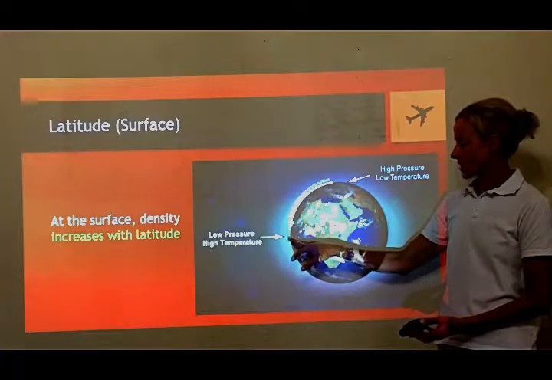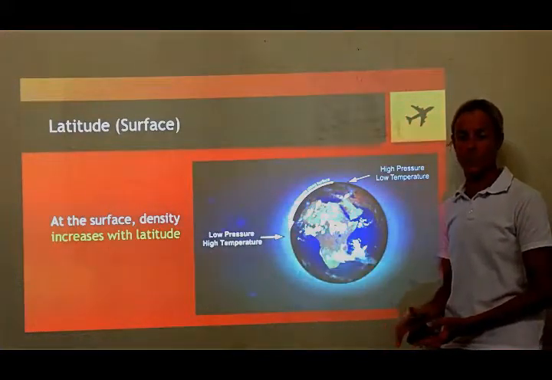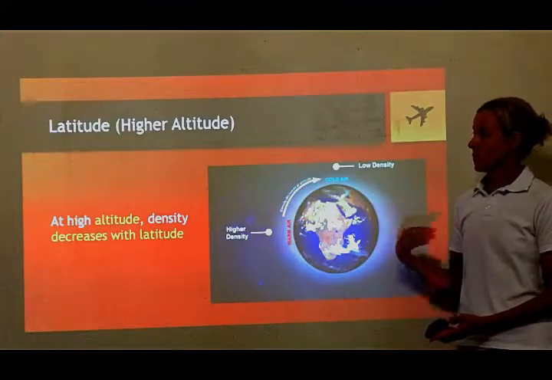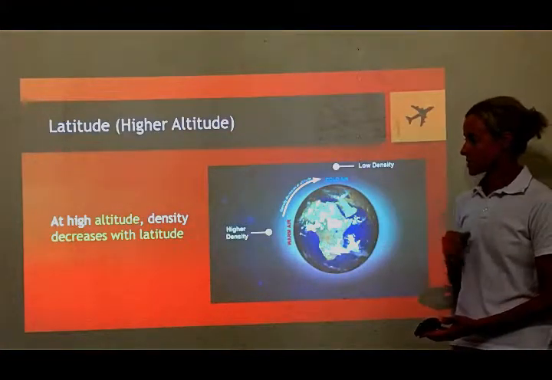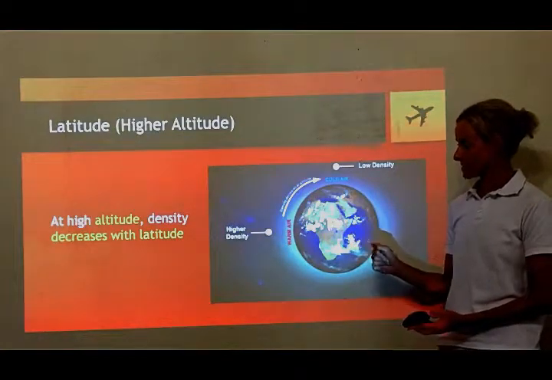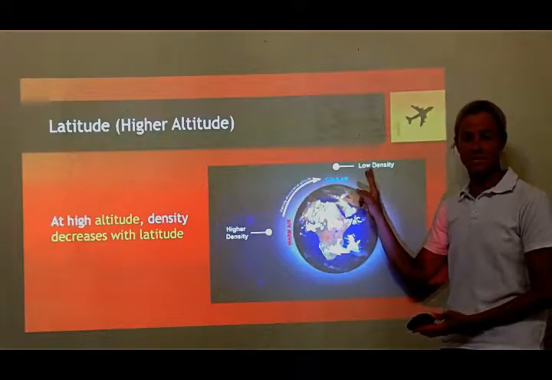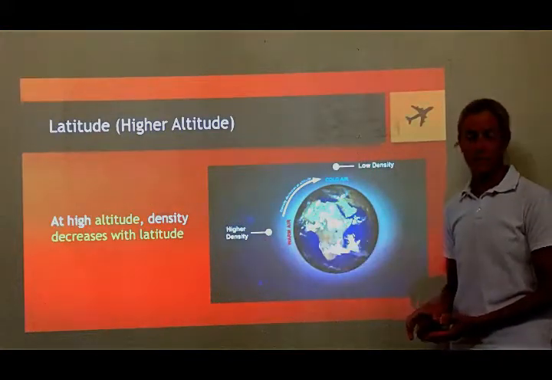At the equator, on the other hand, we have high temperatures and low pressures. Then we have the case where we are climbing higher in altitude, and now things change. At higher altitudes, the density decreases with latitude. So we'll have the lowest density over the poles and the highest density at the equator.